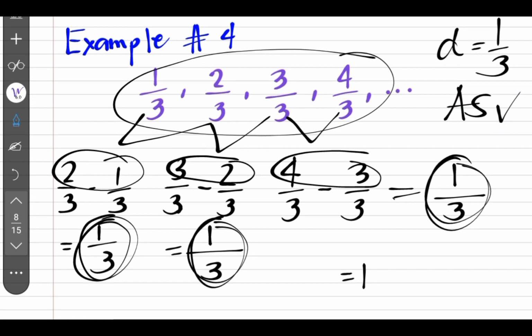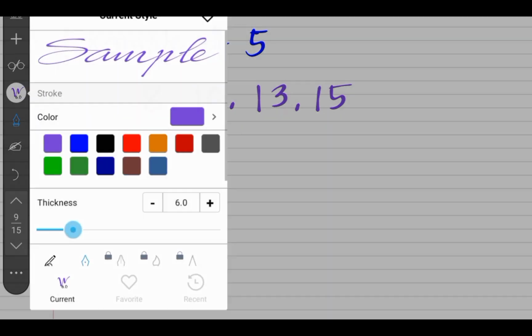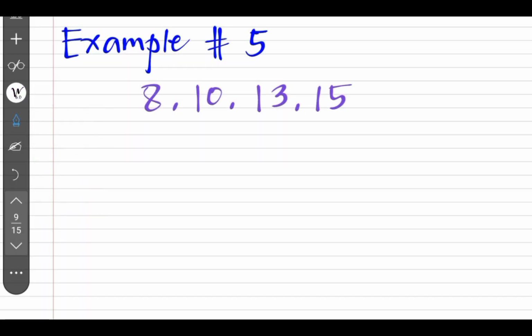Let's have another example which is different from the 4 examples. So let's have example number 5. 8, 10, 13, 15. Do you think this sequence is an arithmetic sequence or not? Okay, let's start getting the differences of the consecutive terms.